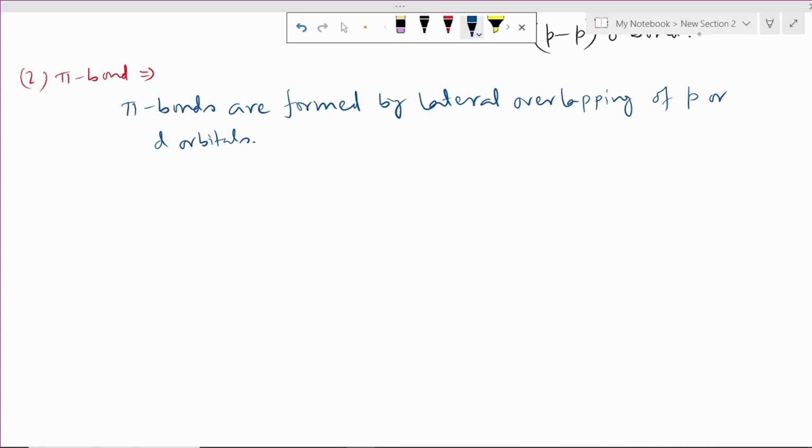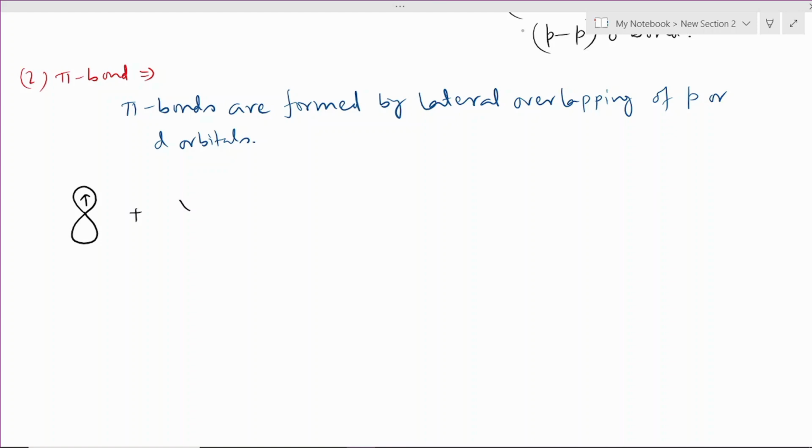We will understand by some examples. Suppose a 2p atomic orbital is there. This is 2p, this is also 2p. Upon side lateral overlap, this is formed.